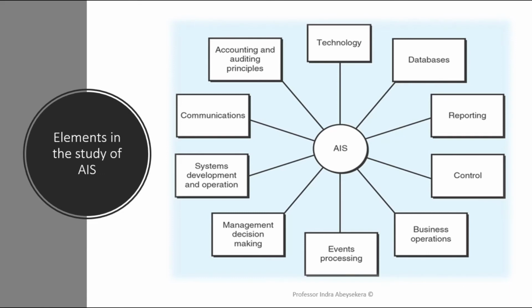When we look at an accounting information system, there are various elements in a study of an accounting information system: technology, databases, reporting, control, business operations, events processing, management decision making, systems development and operation, communications, and accounting and auditing principles that apply to reporting and controls.